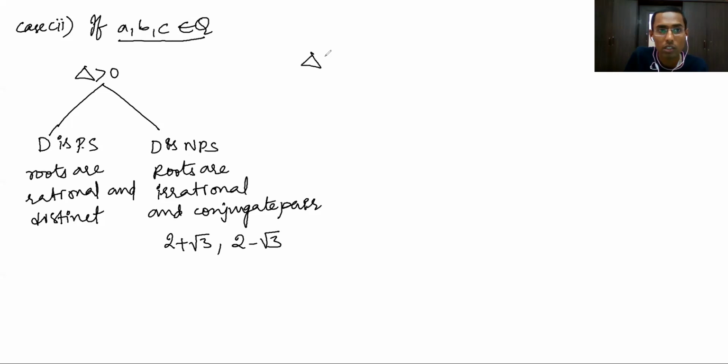Now if d, or delta, same thing here, the discriminant is equal to 0, then both the roots become equal. The roots are minus b by 2a plus or minus root d by 2a, and because d is 0, this part becomes 0, so both the roots are equal.